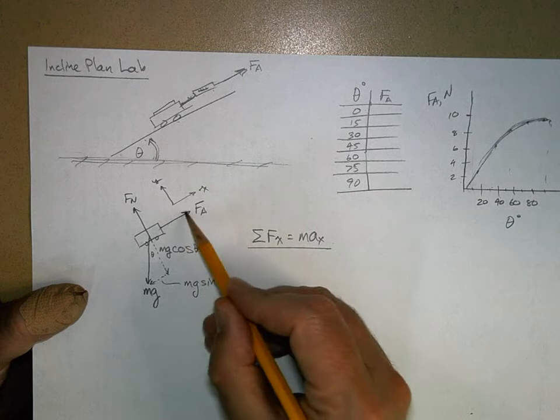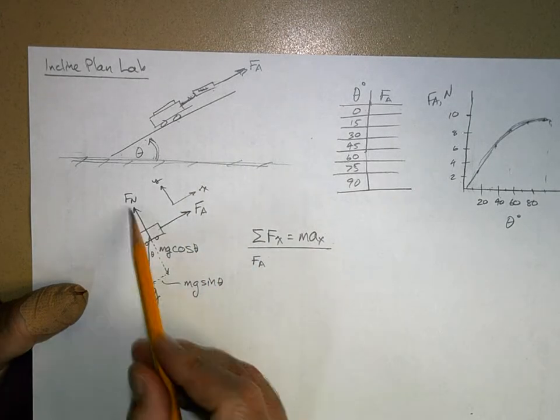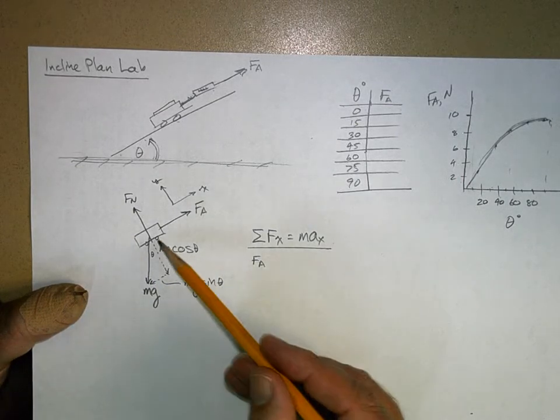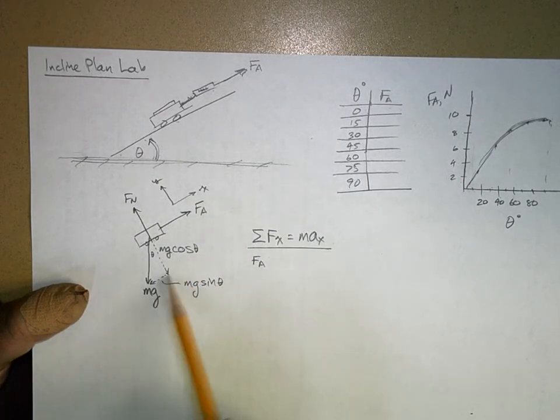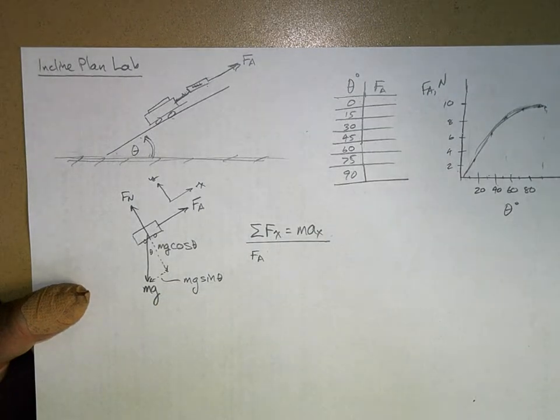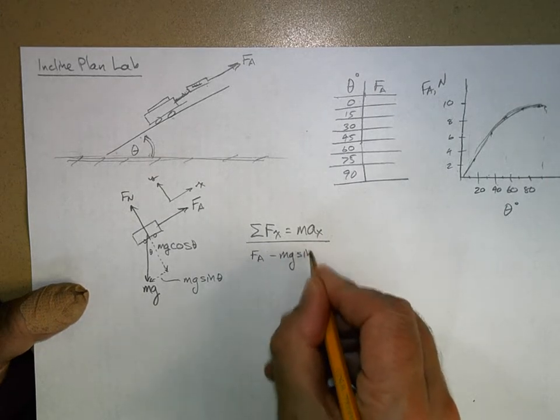Well, I'm pulling it in the x direction, so that's Fa. Now, the normal force is not in the x direction. It's not part of the equation. Neither is mg cosine theta, but look at mg sine theta. It's in the negative x direction. Does that make sense? So we're going to say minus mg sine theta.